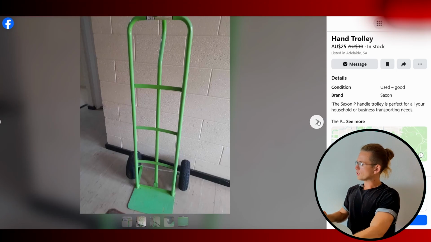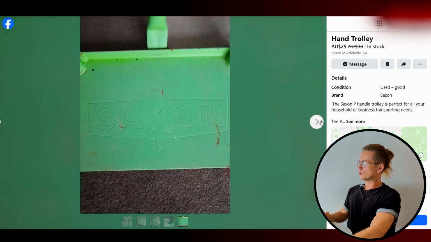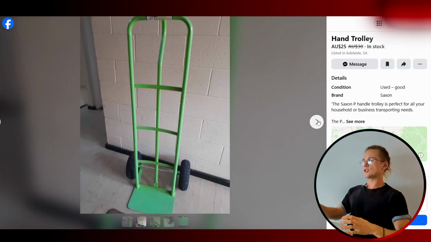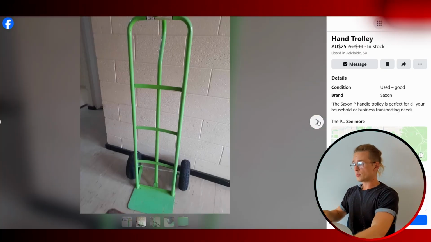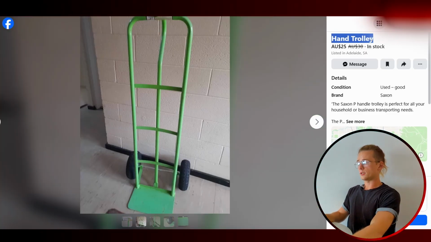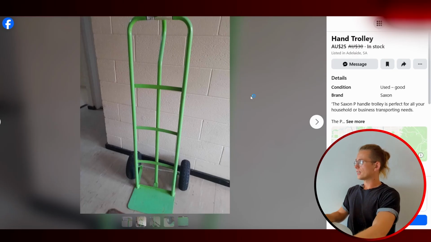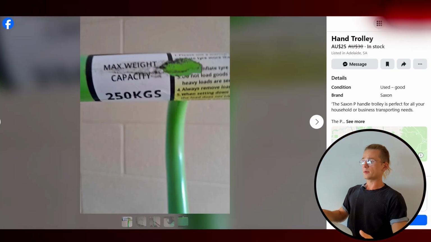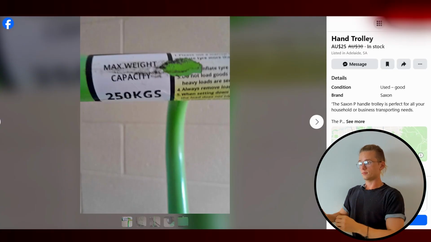When I look at the pictures now, here's what I would do. First of all, make the front shot, this picture, zoomed out. For the description, I wouldn't call it hand trolley. I would call it Saxon 250 kilograms hand trolley.